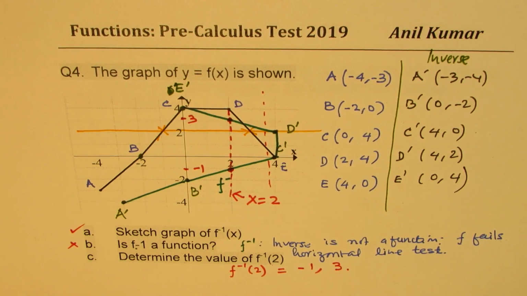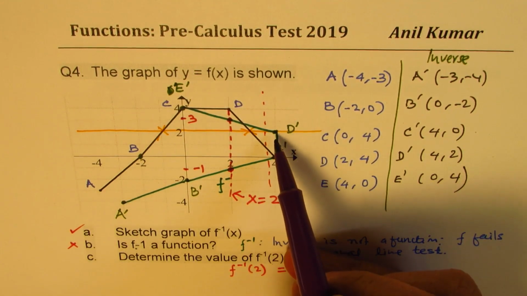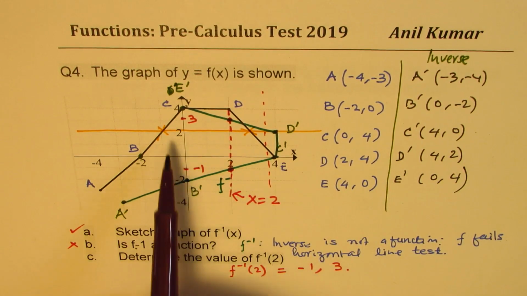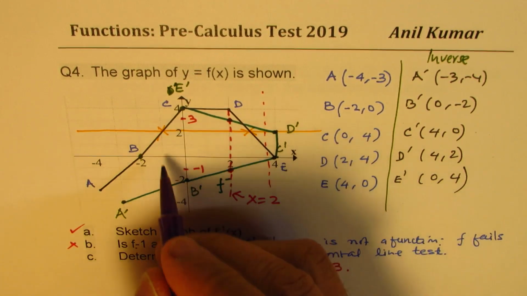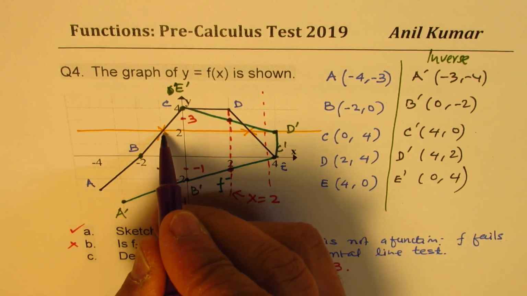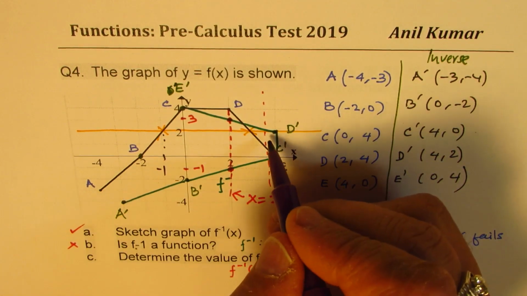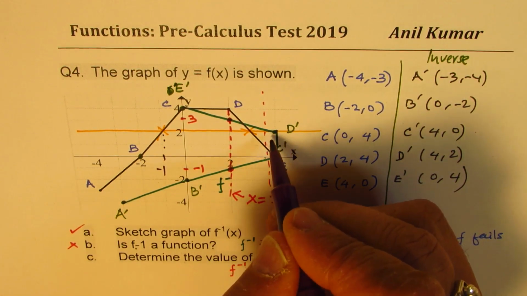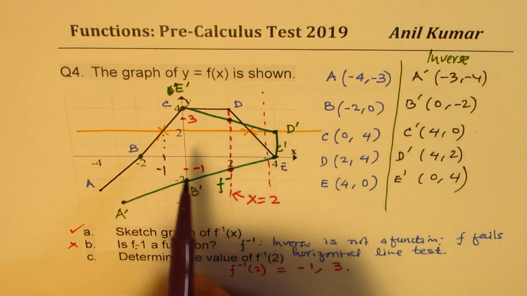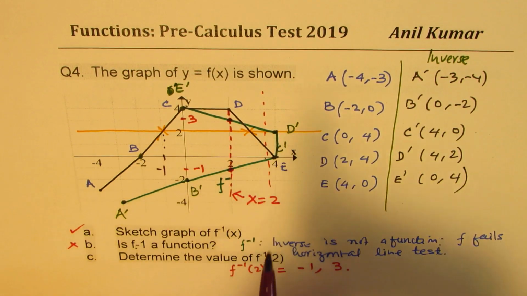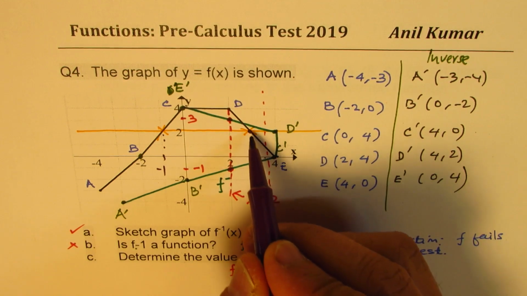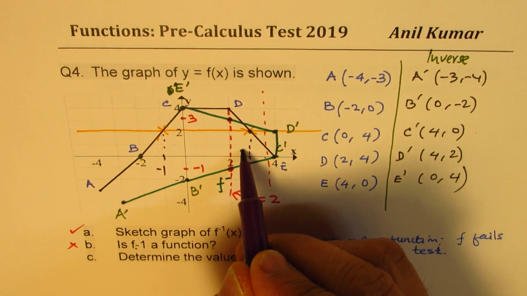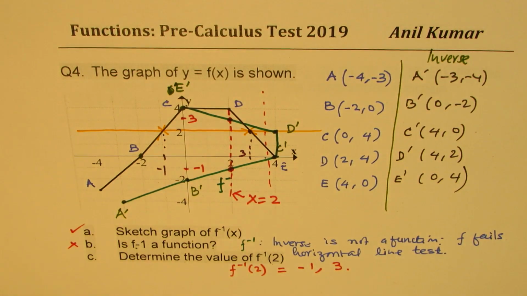Well, you could have also found these values from the function itself. In the function, we'll look at the y value of 2, right? So the y value of 2 will give you -1 here and 3 here, right? If you draw this line, this is the point. So from the function also, you could have read these values in the reverse order.